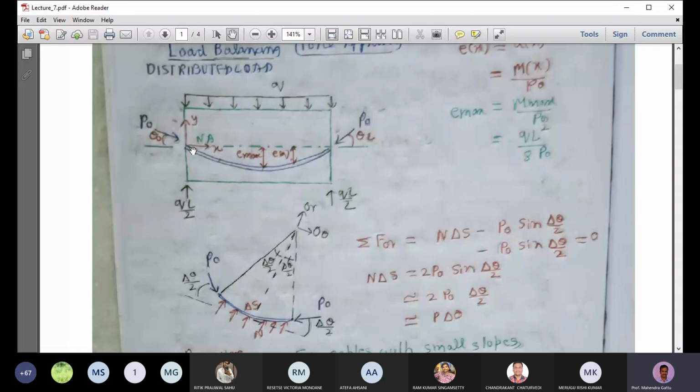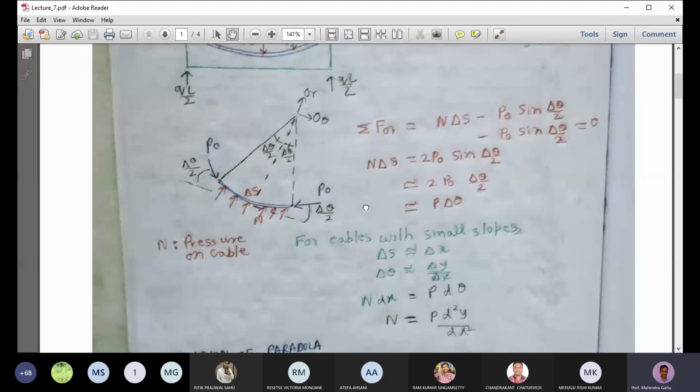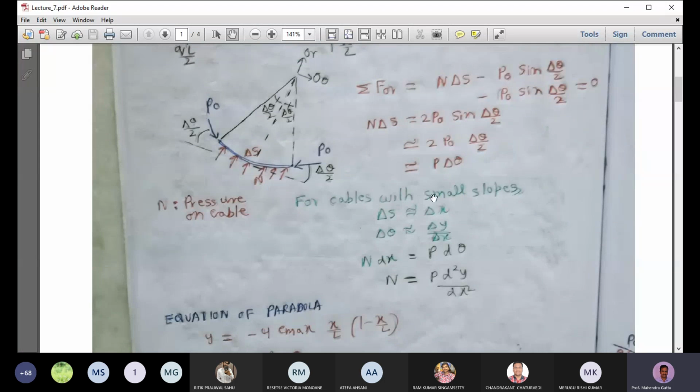So these angles will be very small, the slopes will be very, very small, and as a result we can make one more approximation. We treat the cables as having very small slopes, and as a result we can approximate delta s to be the same as delta x.